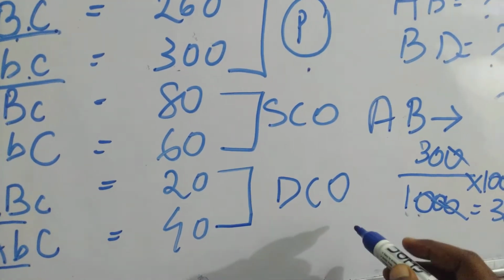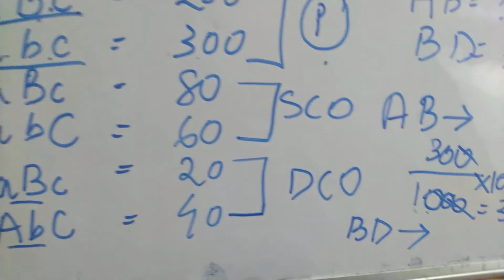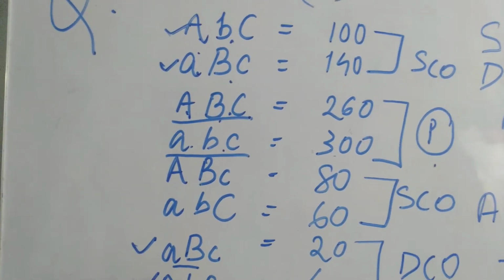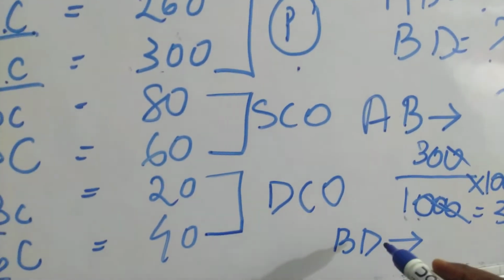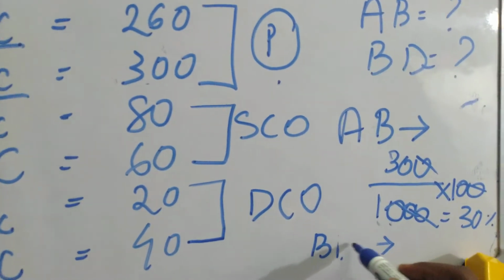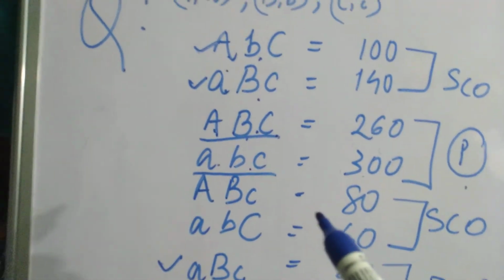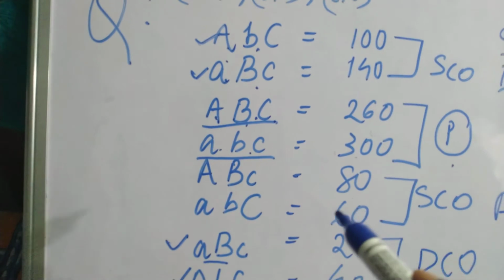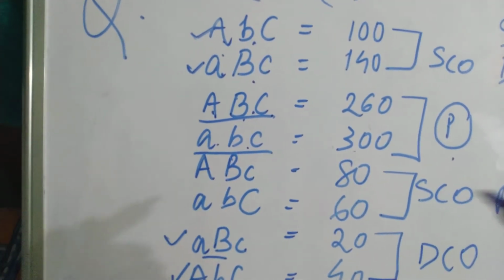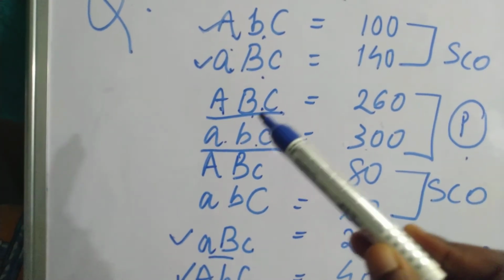Like this, we will find out the distance between B and C. I'm really sorry, I had written D, B and C. Similarly, we have to find the dissimilar sequences which are not in the parents, that is capital BC and small bc.